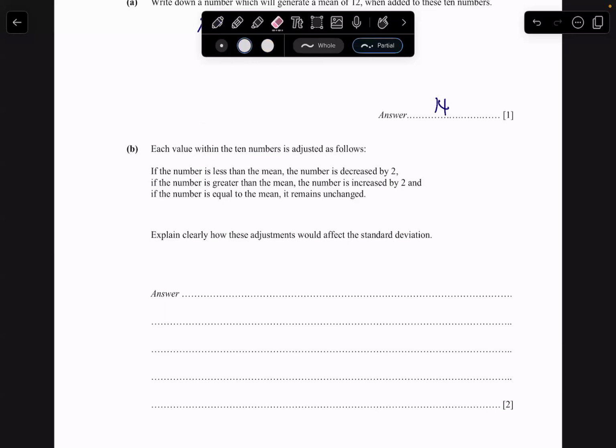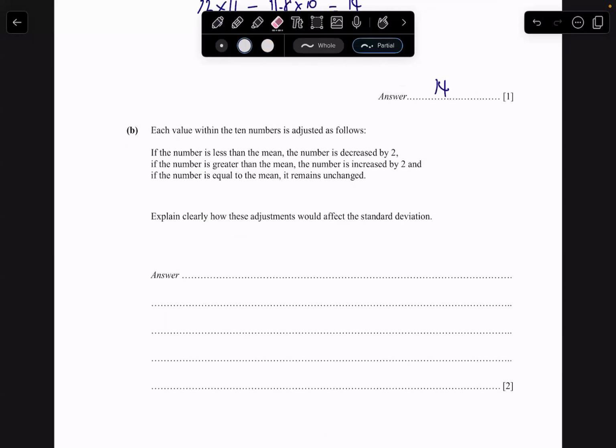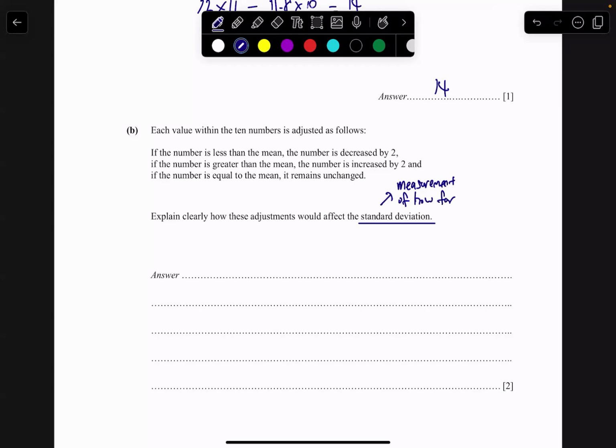Although it looks like, if I minus 2 from one side and plus 2 to the other side, it looks like nothing changes. If it equals the mean, then nothing happens. It feels like nothing changes. But what does standard deviation measure? Standard deviation is a measurement of how far you are from the mean. Now you can see that the lower numbers are getting further from the mean. The larger numbers are also getting further away from the mean.